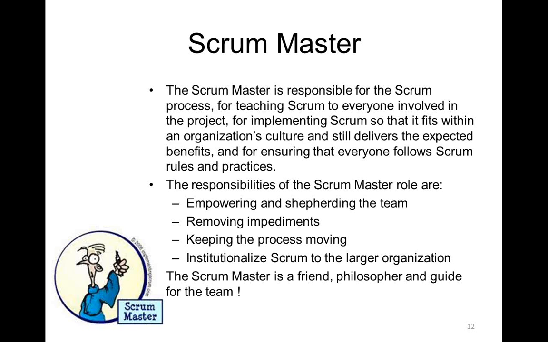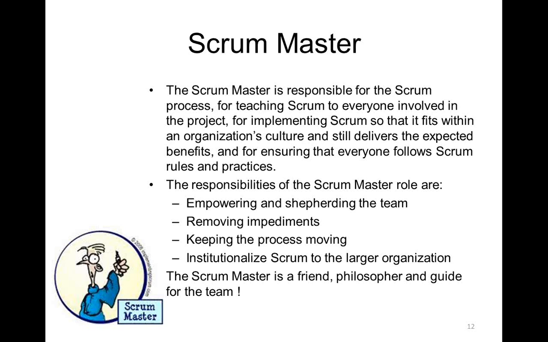The responsibilities of the Scrum Master role are that he empowers and shepherds the team. Shepherding the team, in the sense that she also ensures that the team doesn't get distracted from its target. Any of the team members is not pulled out of the team in between, and the team is not disturbed because of any external factors and things like that.